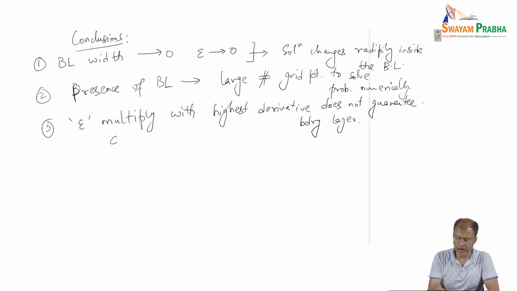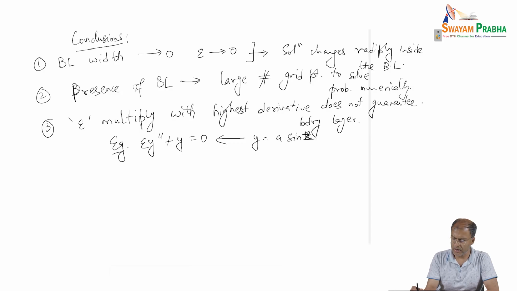So one example at hand is the following equation: epsilon y double prime plus y is equal to 0. We can see that epsilon is multiplying the highest derivative term, but the solution to this problem is y equal to a times sine of x over square root epsilon plus b times cos of x over square root epsilon.